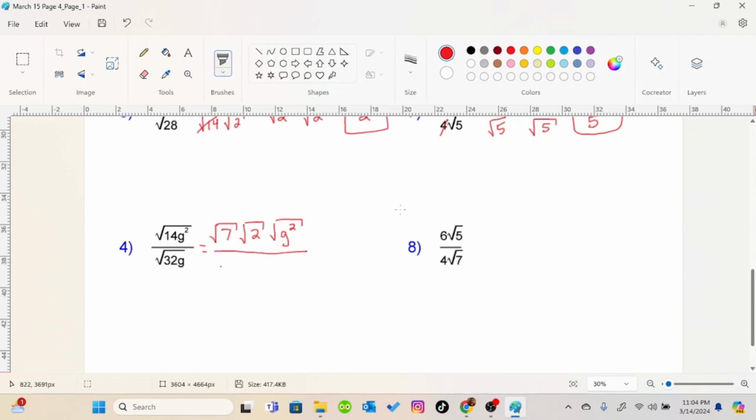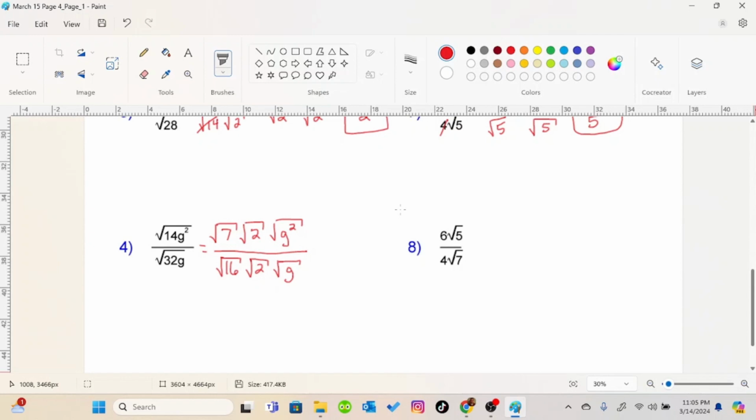The square root of 32g can be rewritten as the square root of 16 times the square root of 2 times the square root of g.